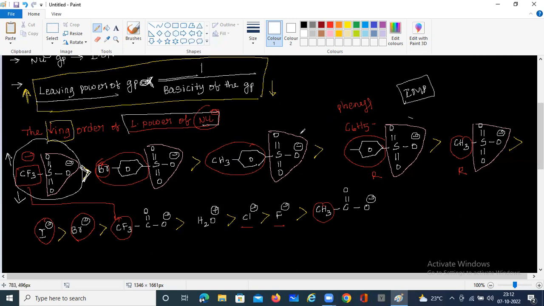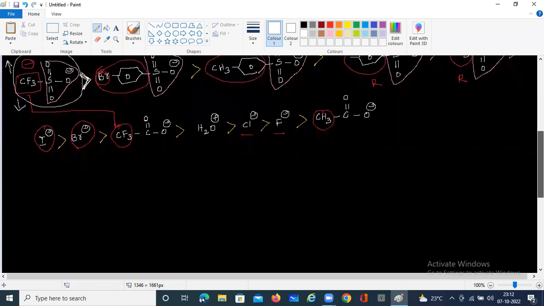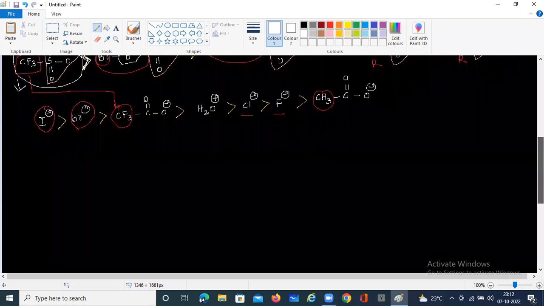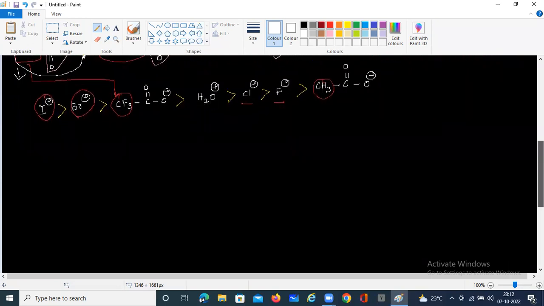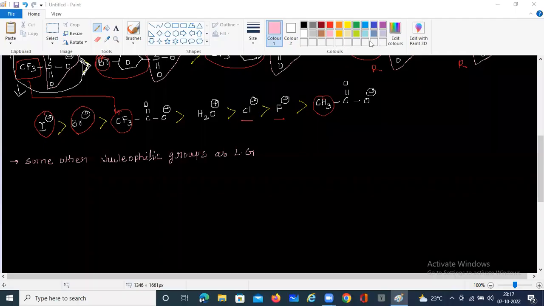Clear? Okay, next. Not only this, we have some other nucleophilic groups which can behave as a leaving group. So not only this one, a few more examples are there.